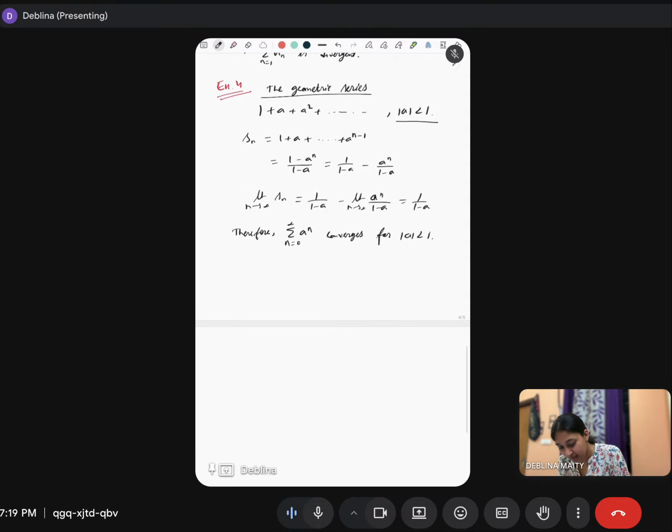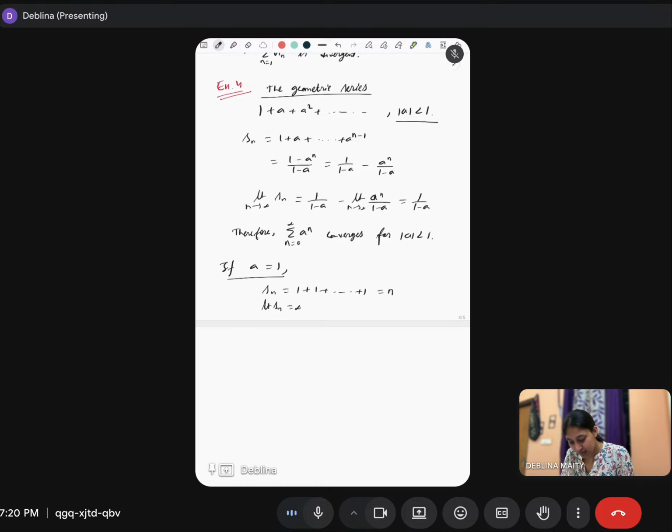Now what happens if a equals 1? So if a equals 1, the series becomes, so Sn will be then 1 plus 1 plus so on, n times, which is n. So Sn will be n, which is a divergent sequence, right? So limit Sn is infinity. So then the series diverges.